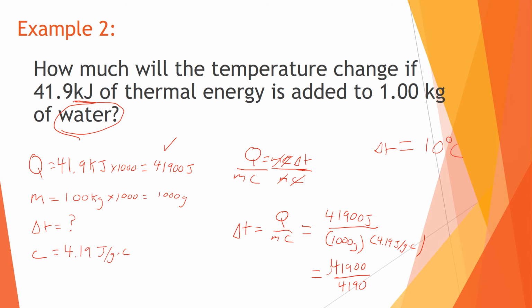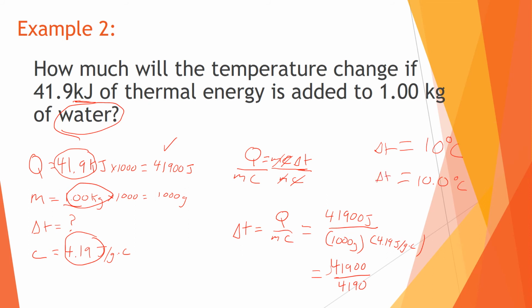Now, if you gave me this as an answer, would you get full marks? So let's go back and look at my original data. 3 significant digits, 3 significant digits, 3 significant digits. So in order to get full marks, I would have to put 10.0 degrees Celsius.